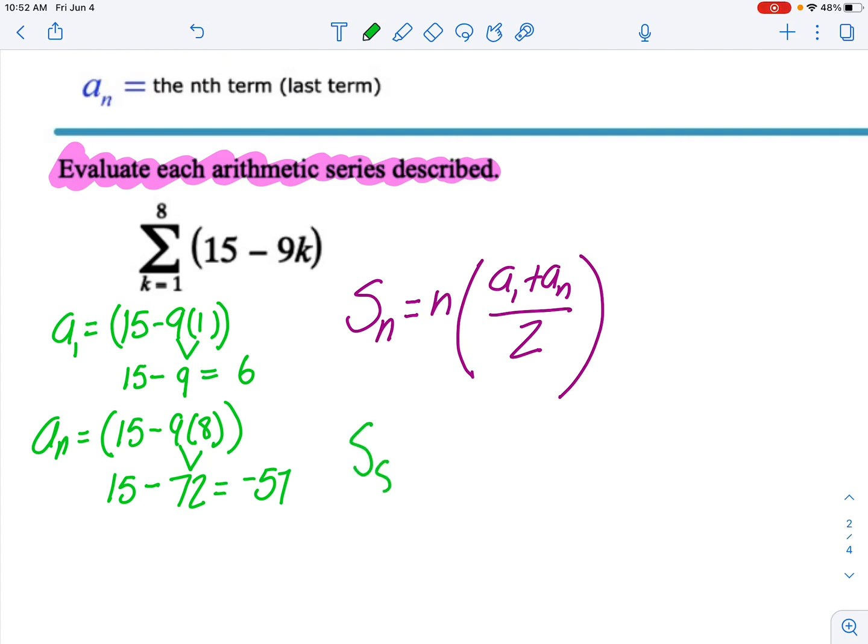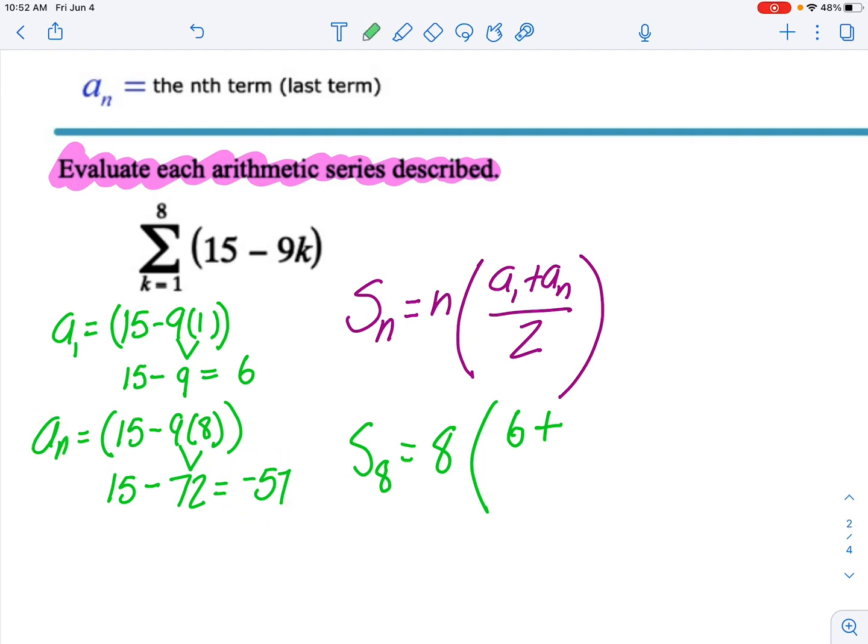So we're going to say S8 is equal to, this is also n, right? So this is going to be 8 here. 8 times a1. What do we get from a1? 6. 6 plus our last term, an.